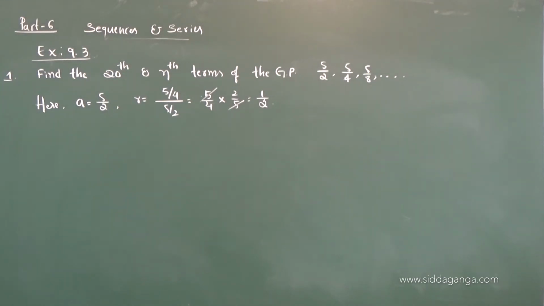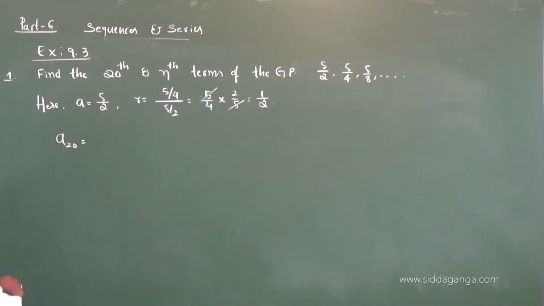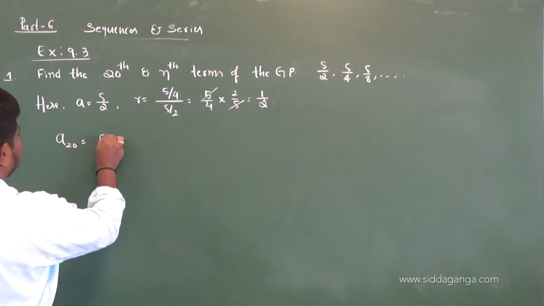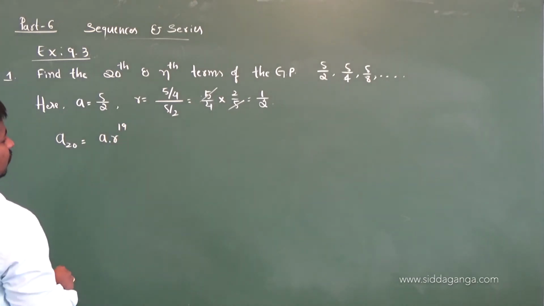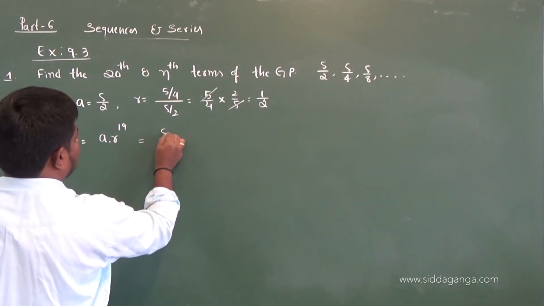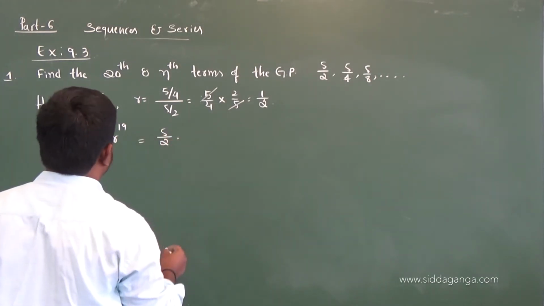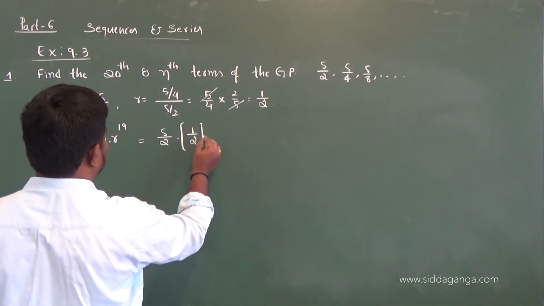So the 20th term, A20, is given by A into R power of 19, that is n minus 1, you mean 20 minus 1. This gives A is 5 by 2 into R, which is 1 by 2 power of 19.